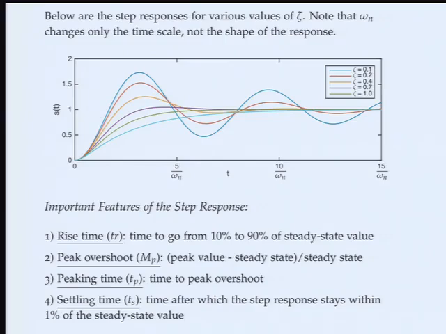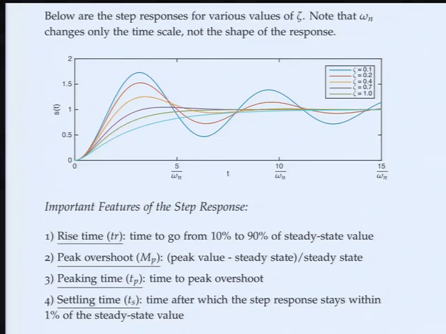Okay, so that's one important feature. I'm telling you about these features because when you're designing, say, a controller, you might have in mind a certain rise time that's appropriate for the application, or a tolerable amount of overshoot, and then you may want to translate those to an appropriate zeta and omega n.